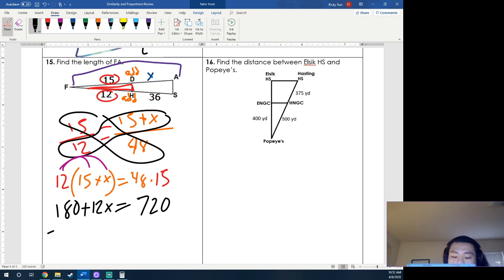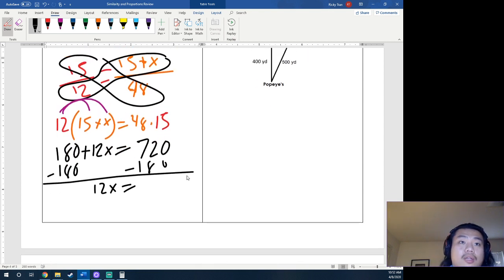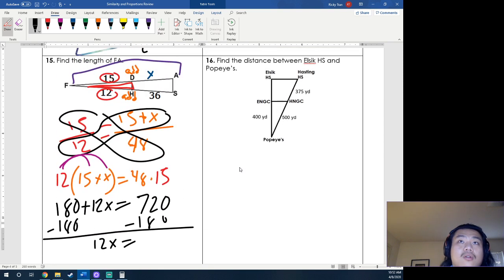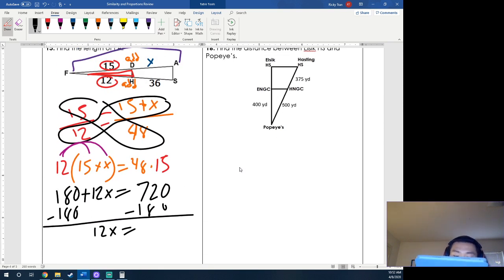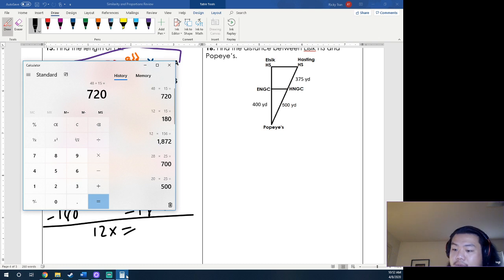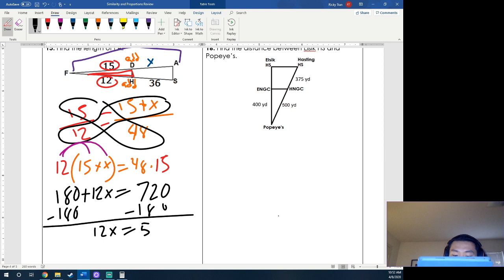All right, so minus 180 from both sides. Okay, we have 12x is equal to, I'm just going to scroll down. Oh, I blanked for a second. 720 minus 180 is 540.